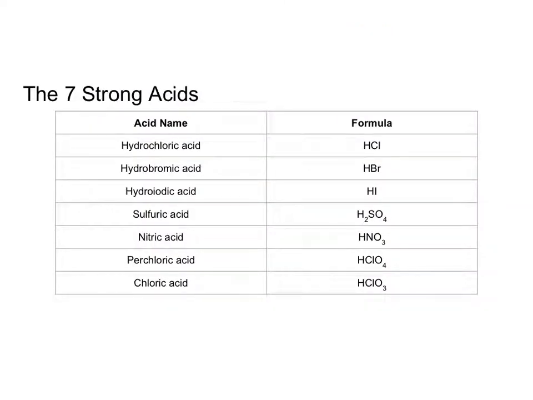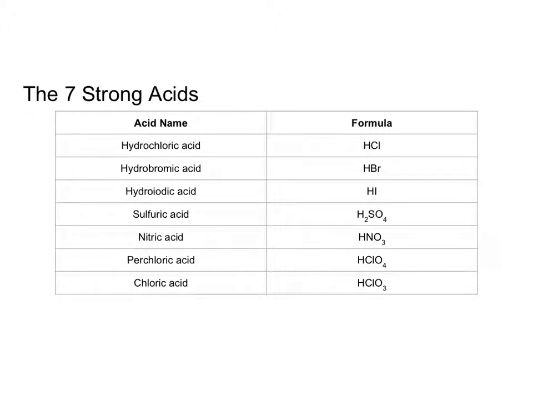There are hundreds of acids that exist on the face of the planet, okay? There are only 7 that are strong acids. So I tell my AP kids that they should memorize the 7 strong acids, and after they've memorized the 7 strong acids, they should just assume that everything else is a weak acid.